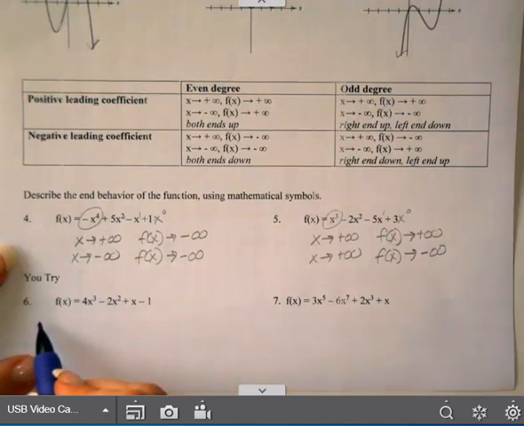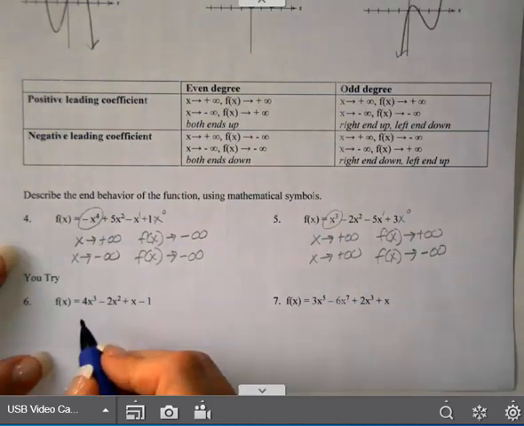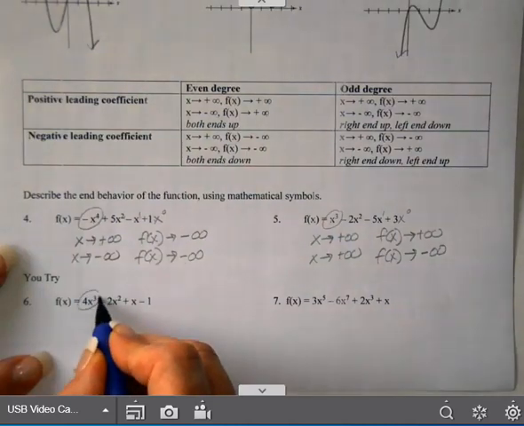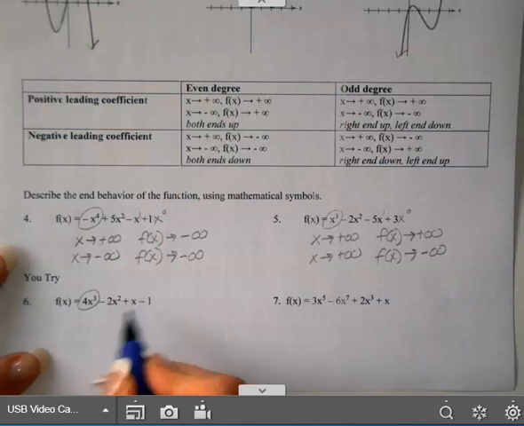Number 6, you can pause this and try 6 and 7, and then unpause and I'll finish the problems off. Hopefully you took the time to do that. My leading term here, they are in order.